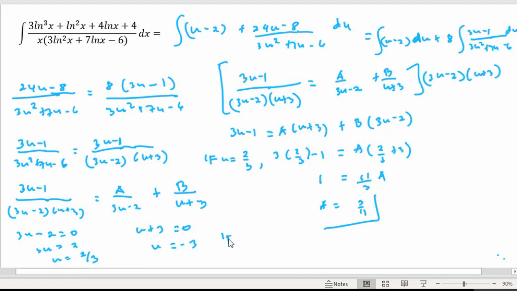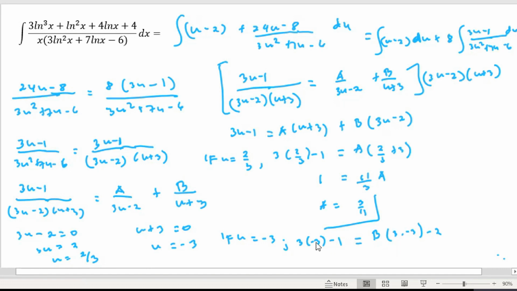Now, if u is equal to negative 3, I can write 3 times negative 3 minus 1 is equal to, substituting u as negative 3, negative 3 plus 3 is 0 times a is 0, so I will not write a anymore. So we have b, 3 times negative 3 minus 2.